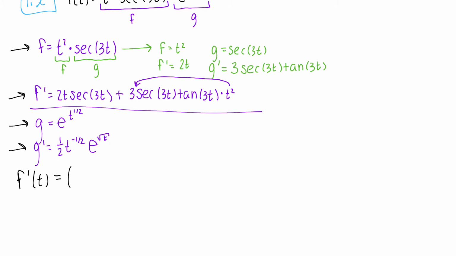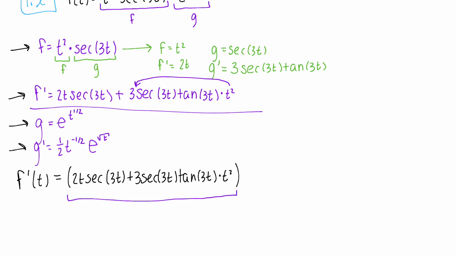So F prime was 2t secant 3t plus 3 secant 3t tangent 3t times t squared. It was right the first time. Okay, so that whole thing is f prime. Bam, f prime. And then g right here, which is also the same thing as e raised to the square root t.